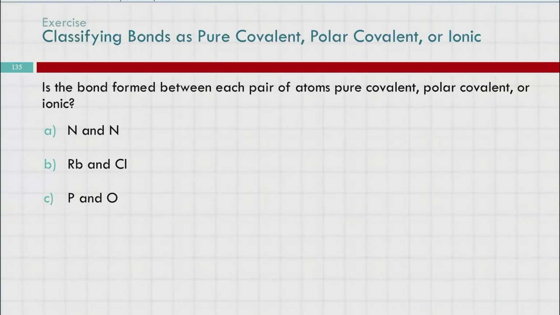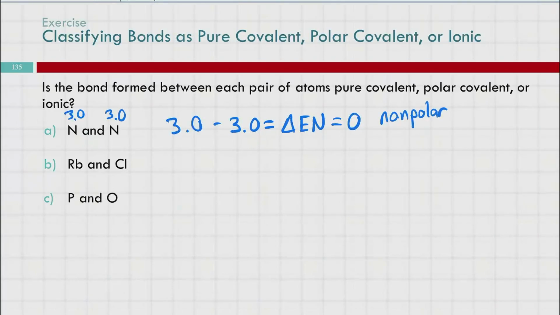If we look at our yellow sheet, a periodic table with electronegativity values on it, we can find all of these. For nitrogen, we'll find an electronegativity value of 3. So if we've got a bond between nitrogen and nitrogen, 3.0 minus 3.0 means that our electronegativity difference is 0. So that's going to be nonpolar or pure covalent.